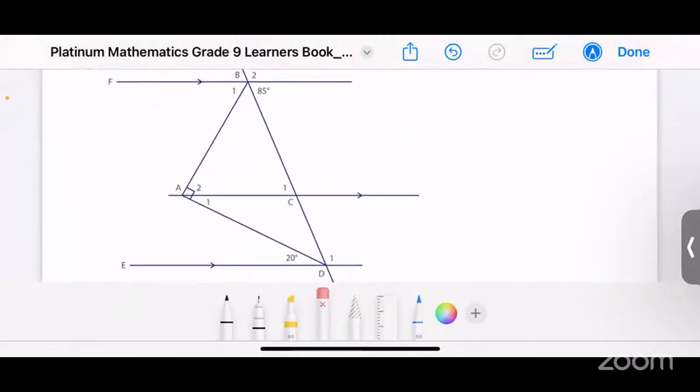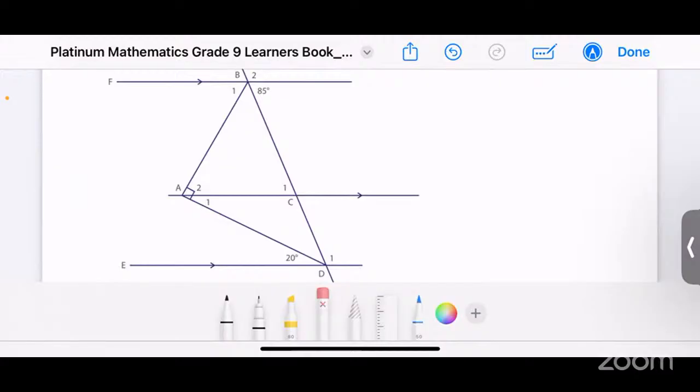Now this question, it's combining everything that we have learned. Do you hear me, grade 9s? It's now a combined question, which needs us to think. We were doing separate. Now it's joined together.